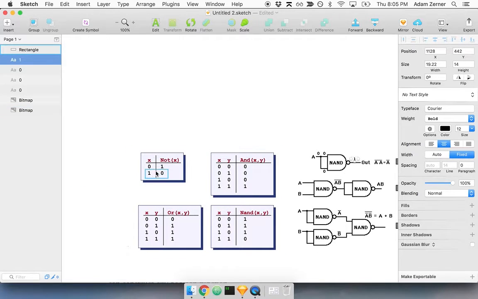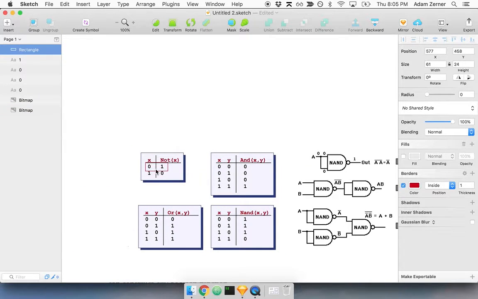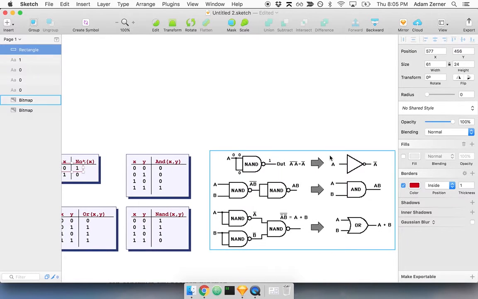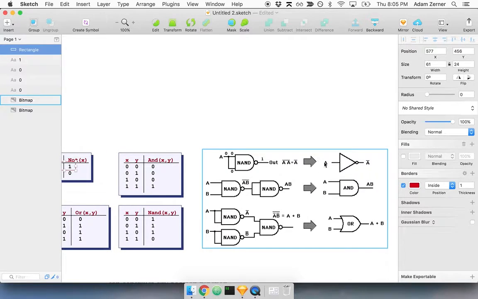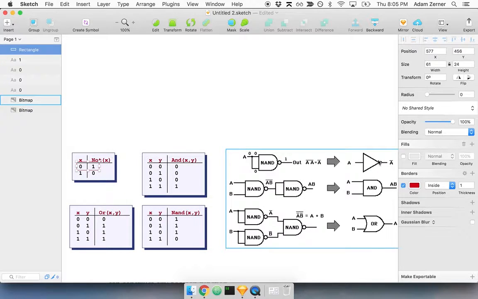So when the input for the NOT gate is 0, the output is going to be 1. So here we've proved that by wiring up the NAND gate like this, by doing this fork sort of thing, we end up with the functionality of a NOT gate. So we basically built a NOT gate from a NAND gate.